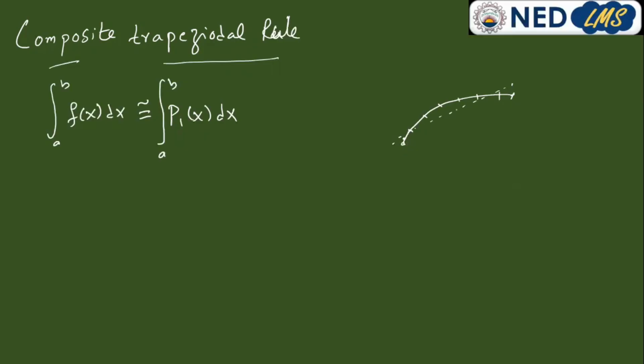For example, rather than representing this whole curve from there to there by one straight line, if I divide it into small pieces, that's called composite. Then I can draw a straight line between these 2 points only, and a different straight line between these 2 points.